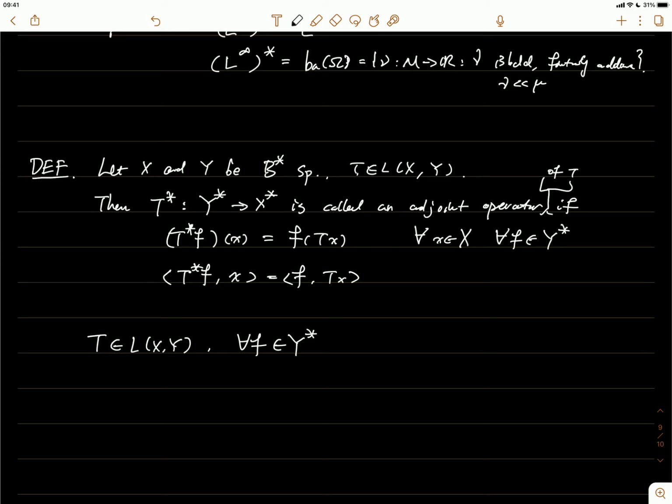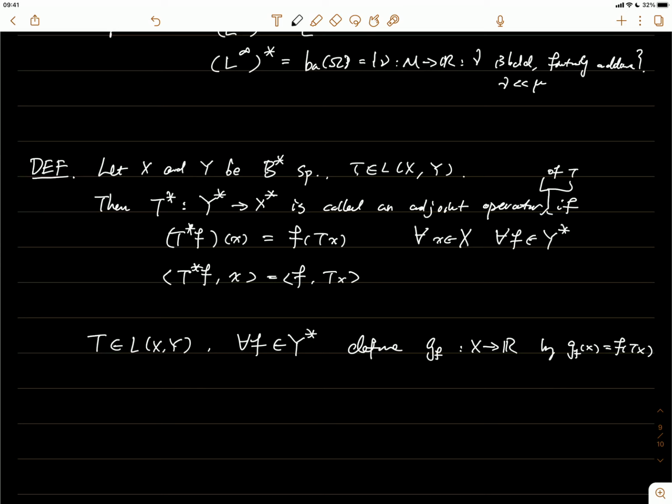We can define this g_F, which is determined by this F. We can think of it as a mapping from X to R, and we define g_F of x to be just F of Tx.